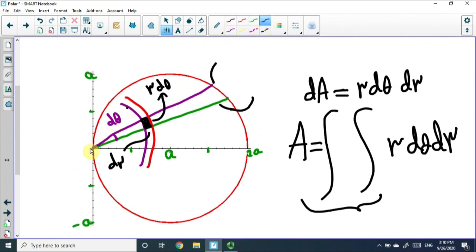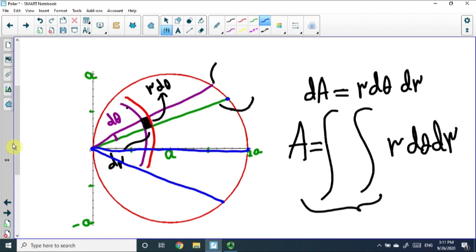So let's draw one line. And you can see that we are always going to start from the origin, and then go up until we hit the circle, the curve of the circle. If you choose another r, again, you can see it will start from the origin, and then it will continue until it hits the circle. And you can choose another one. Again, you're going to see it will continue until it hits the circle.